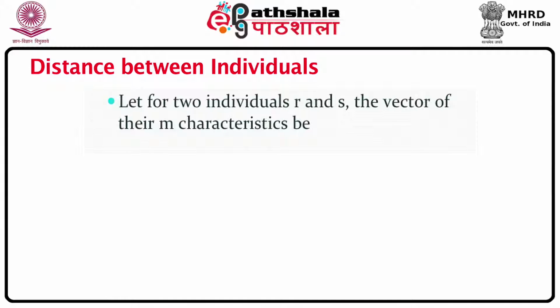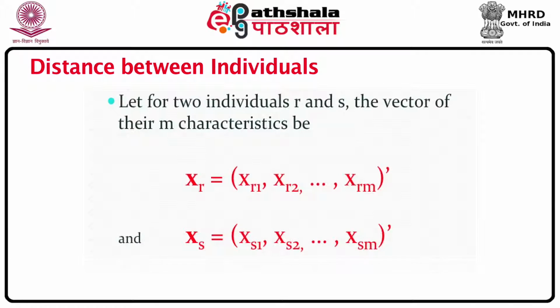Now, two individuals may be similar with respect to one characteristic, and two different individuals may be similar with respect to another characteristic. So how do we identify which of these are closer to each other? So we need to find some way of saying that these two individuals are closer to each other than maybe a third individual. So this is the distance that we need to find out first.